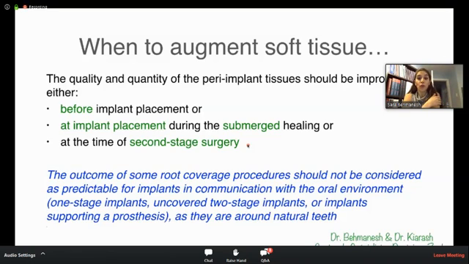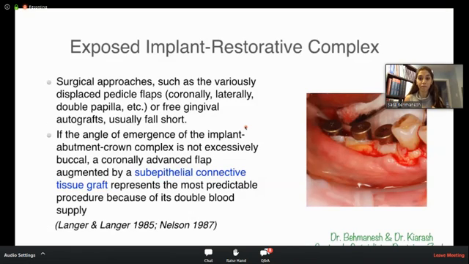Now, studies show the healing and the result that we get with a connective tissue graft around an implant that is already restored is not comparable to a natural tooth. Again, this comes from the fact that the tissue is different. The tissue around the implant is more like scar tissue and is less vascular. So before we manipulate it too much and restore it, it's better to thicken it up.